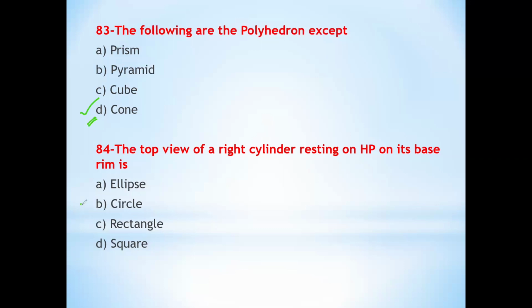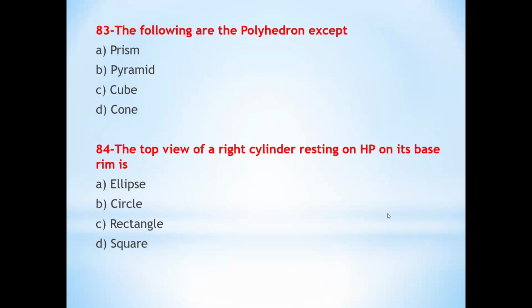So here B will be correct. We will not get an ellipse. Rectangle is for the same case, so our front view will be the rectangle, not the top view, because our top view will be the circle. So not square. So the answer is the correct one.